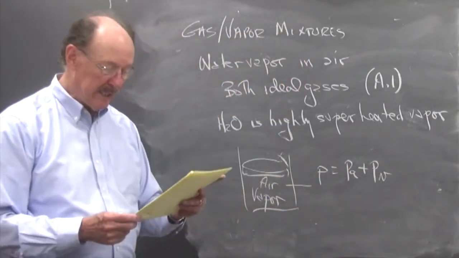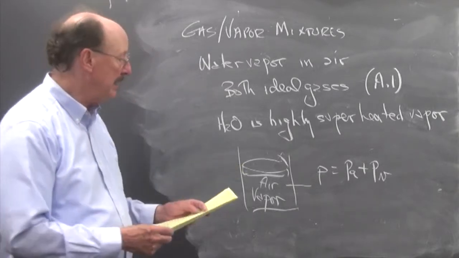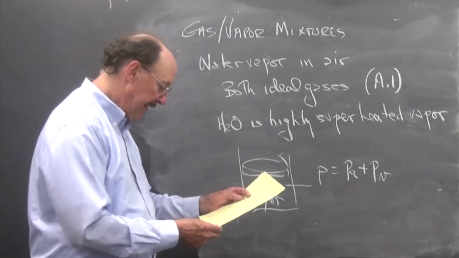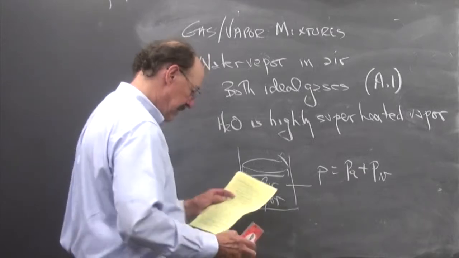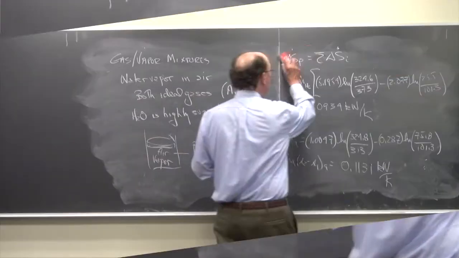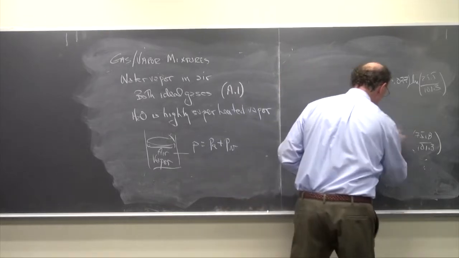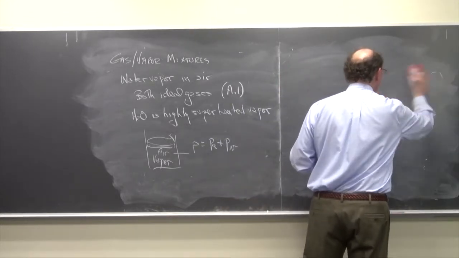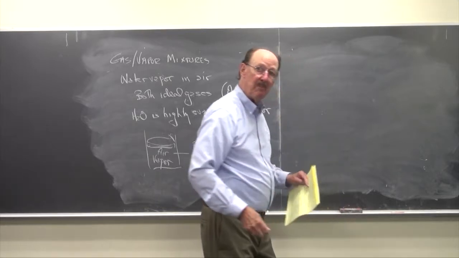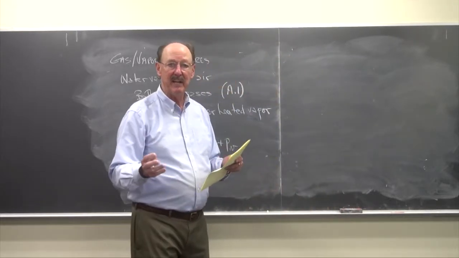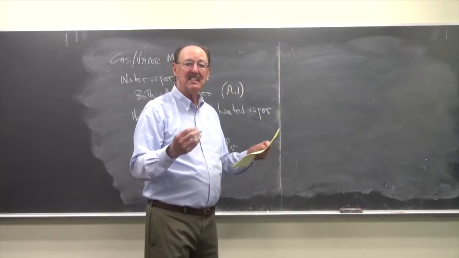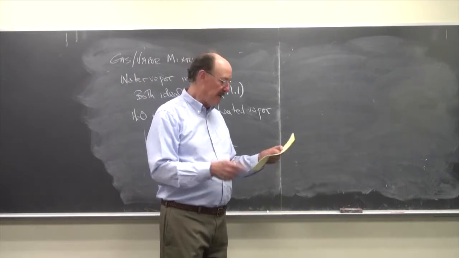Let's look at a TS diagram to see where we are with everything. Using the TS diagram is very useful in terms of conceptualizing how I'm going to think about different things that we're going to define in terms of how we tell the state of this air vapor mixture.